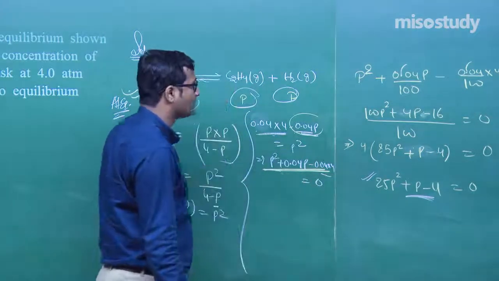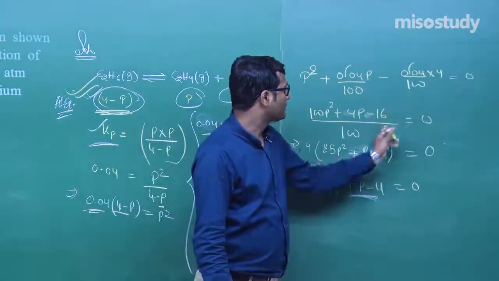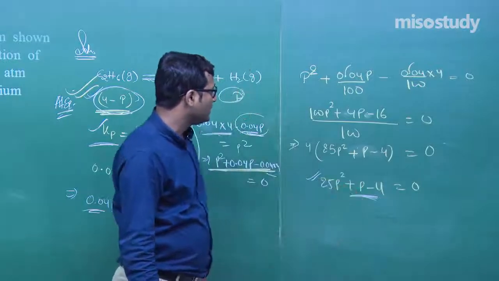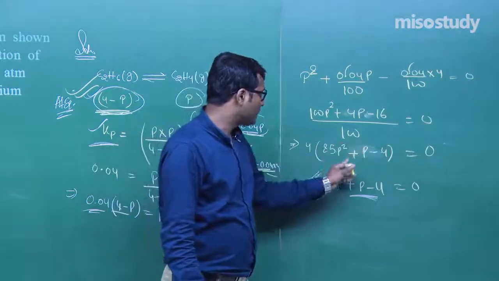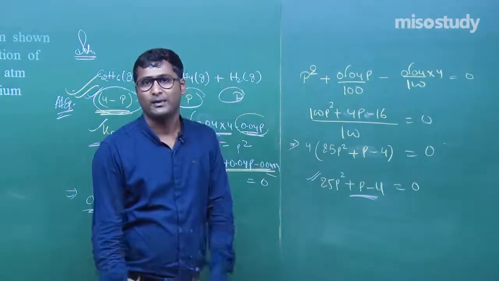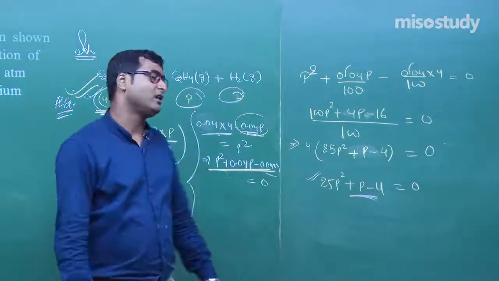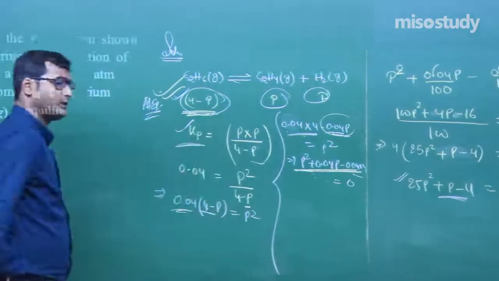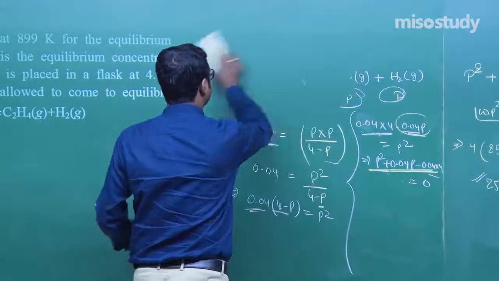With 100 coming here, 100 P square plus 4P minus 16. Taking 25 common, that is 25 P square plus P minus 4. Now you can get the value of P. Am I right? The questions are tough, but my friend, it will definitely help you a lot if you have command over the theory. Clear? Now I am going to rub this and we'll discuss the next segment.